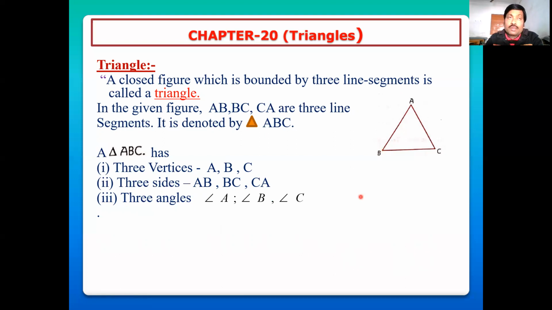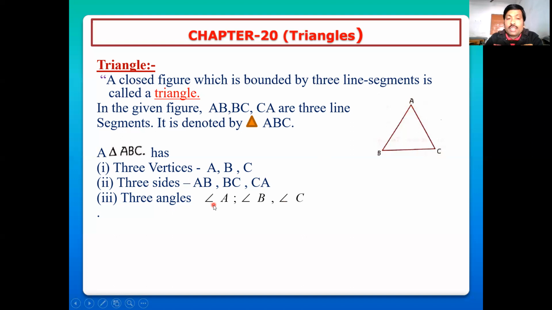Vertices are the points where 2 line segments meet. Here the line segments meet at point A, so A is called a vertex. Now 3 sides, AB, BC, and CA. And 3 angles, angle A, angle B, and angle C.